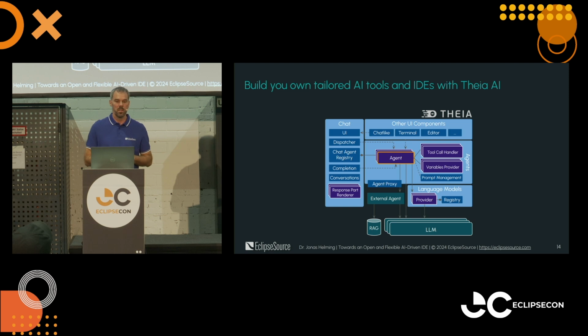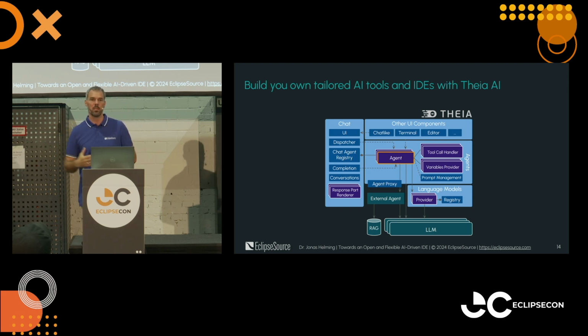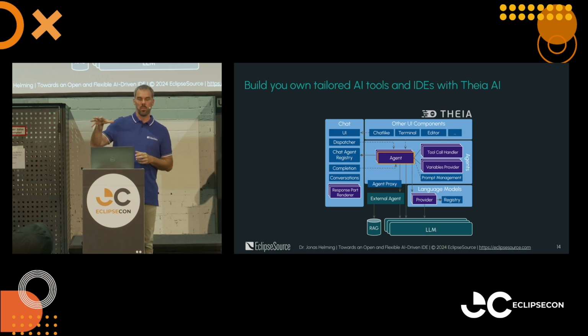Now, before I continue with the next demonstration, one thing that I would like to mention in between, because the next thing that I show you goes more into extensibility. The thing that I'm showing you today, just as a reminder, is an experimental feature that we have integrated in the Theia IDE that you can download and use yourself, meant for developers.